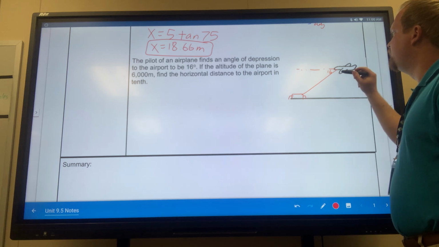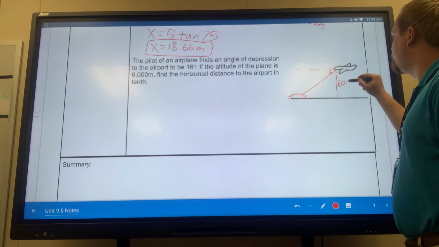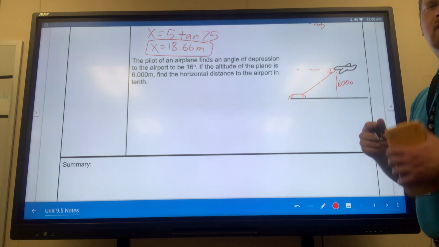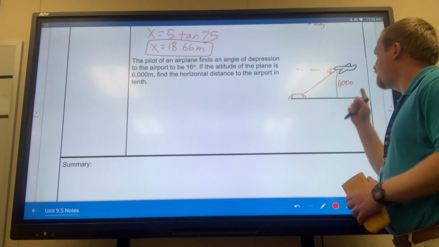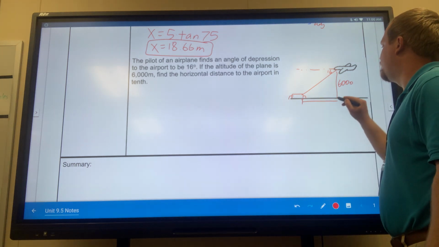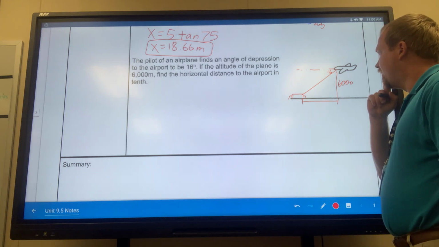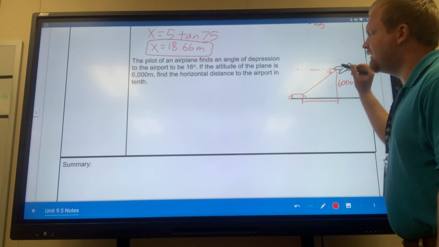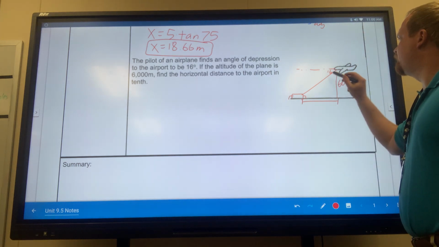If the altitude, which is how high up you are, the height, is 6,000, find the horizontal distance. So I'm gonna find this distance right here. Now, I can't use 16 because that's not inside the triangle.